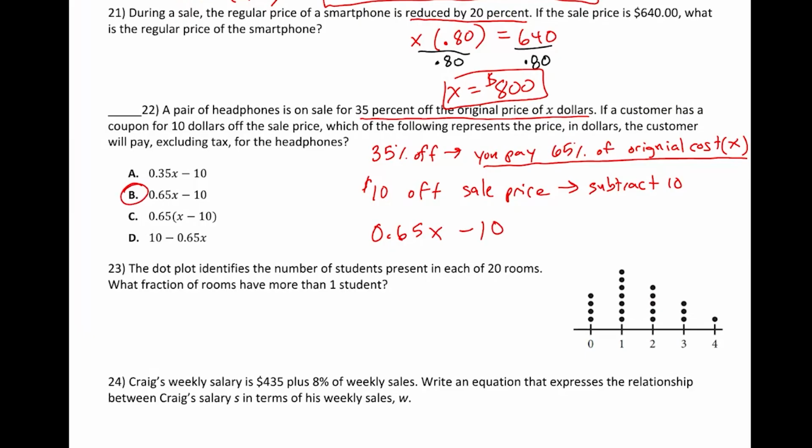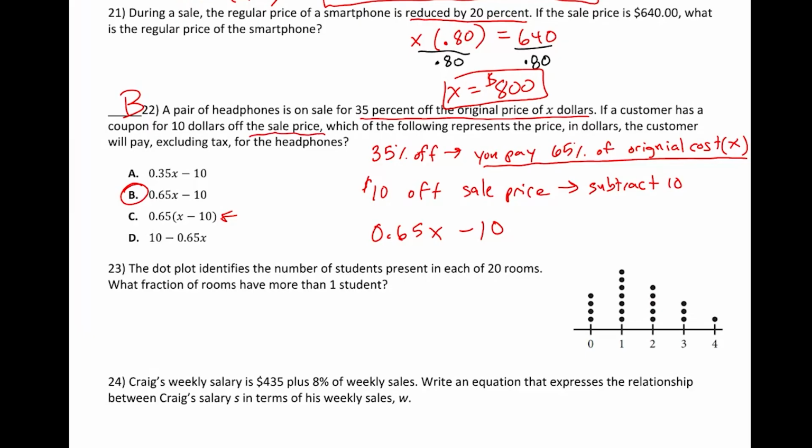I think the most commonly chosen answer here that is incorrect would be C. Don't be fooled on this one. Choice C would have to say something like the $10 that you're taking off comes first before you apply the discount. But no, this problem's pretty clear. It says that the customer has a coupon for $10 off the sale price, not off of the original price.